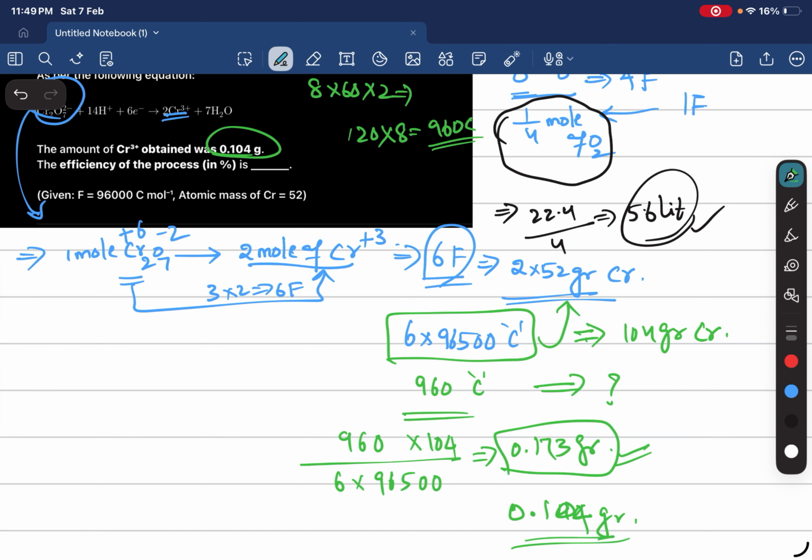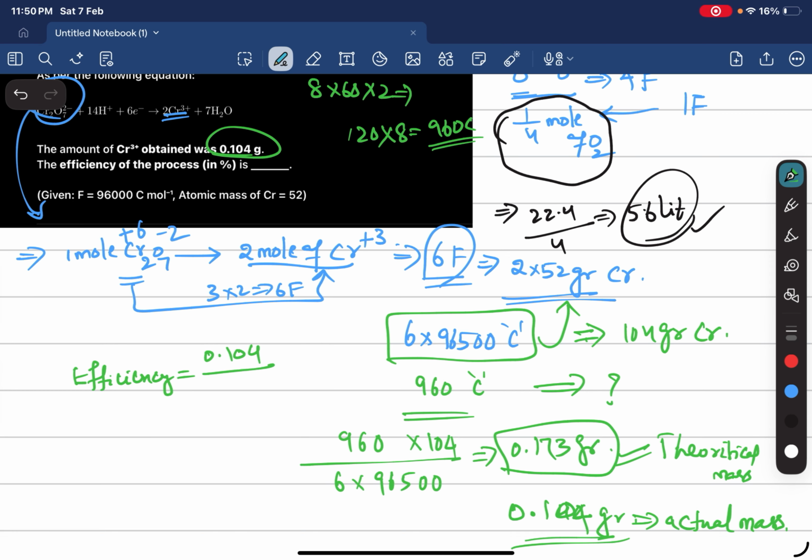So the current efficiency is not 100%. How to calculate that? We can call this the theoretical mass, and this is called the actual mass of metal deposited. So the formula for current efficiency equals actual mass by theoretical mass, 0.104 by 0.173 into 100, which gives 60 percent.